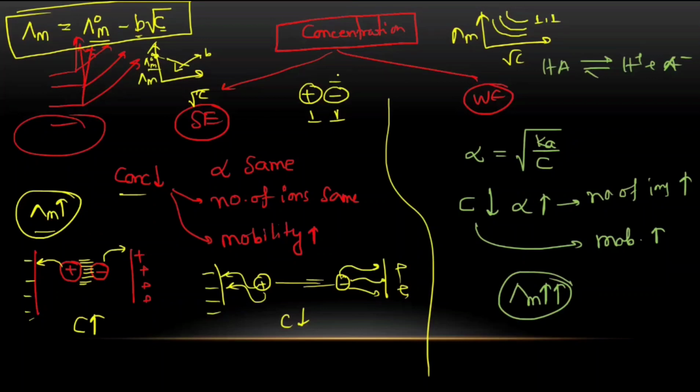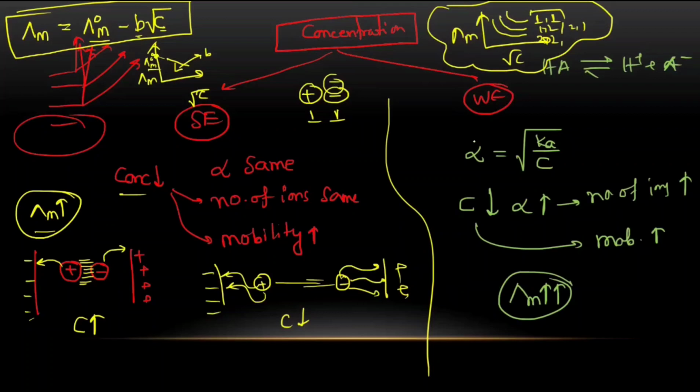If it is bi positive or bi negative, that will be 1 2 or 2 1, and 2 2, for example MgO, magnesium oxide. Sometimes in exams you may be asked to compare the conductance versus root c curves for these three weak electrolytes. Among weak electrolytes, the conductance will be more for the 1 1 system. I hope it's clear to you.